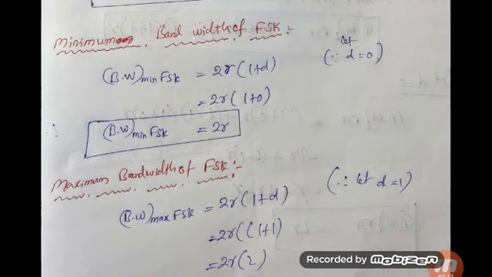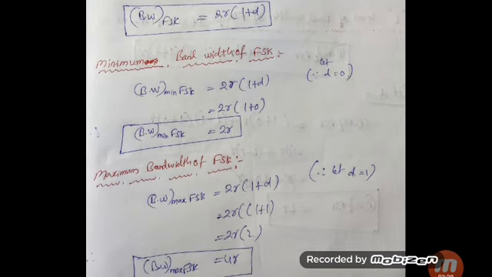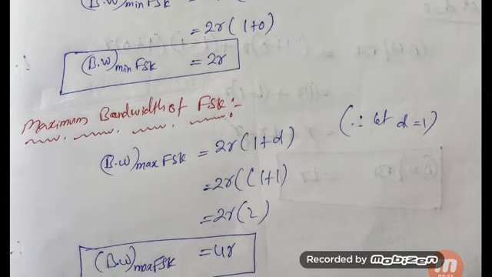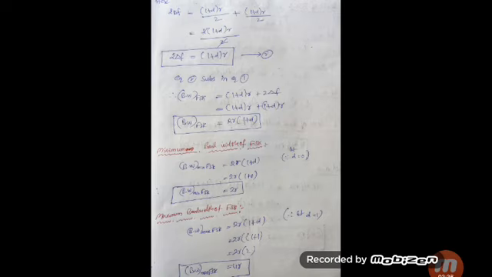When we replace d equal to 0, the value is 2r, and for maximum frequency with d equal to 1, the simplified equation is 4r. So these are the two different formulas of FSK minimum and maximum bandwidth.